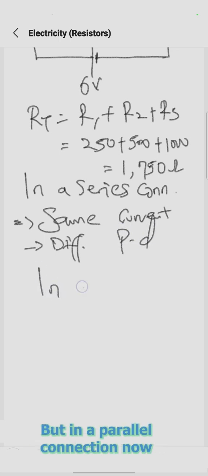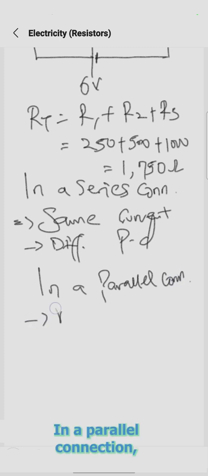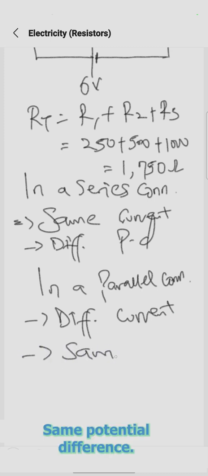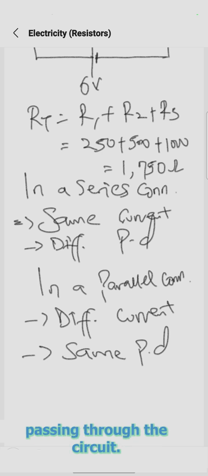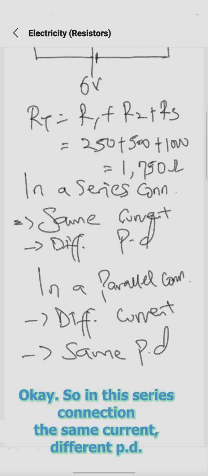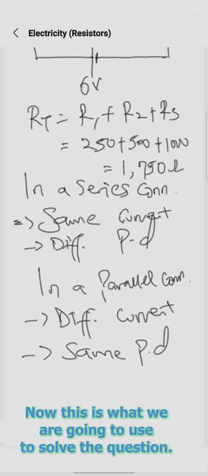But in a parallel connection now, different currents, same potential difference. So in a parallel connection, you have different currents passing through the circuits, but you have the same potential difference across all the resistors. Okay, so in a series connection, the same current, different PD. In a parallel connection, different current, same PD. Now this is what we are going to use to solve the question.